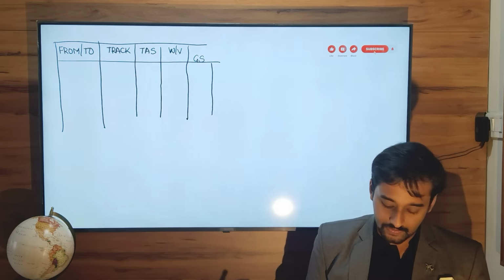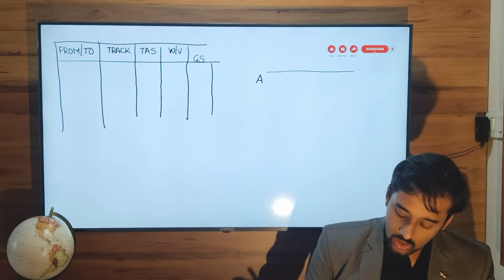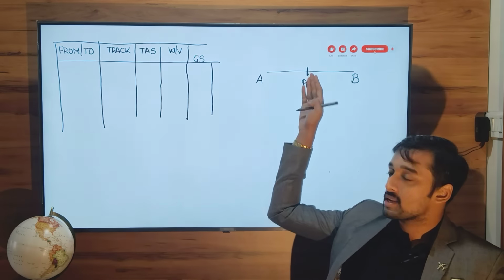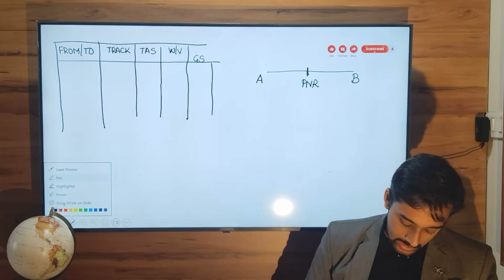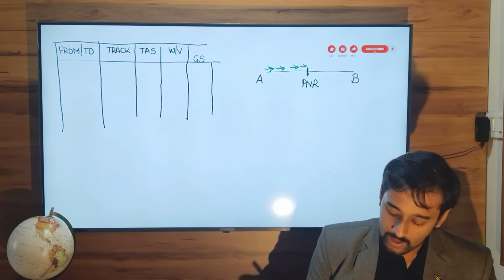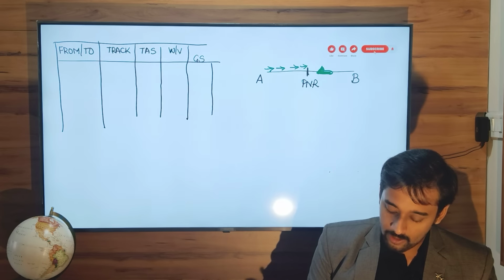Okay, so first you are going from point A to point B. There is a point of no return here. Let's say your aeroplane, after taking off from point A, has crossed this point of no return and is somewhere beyond it.